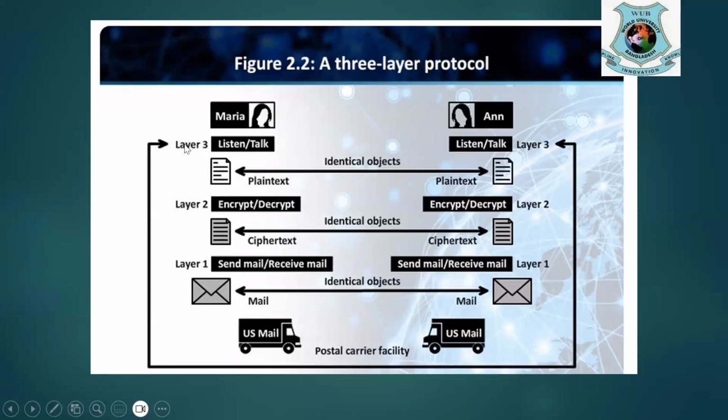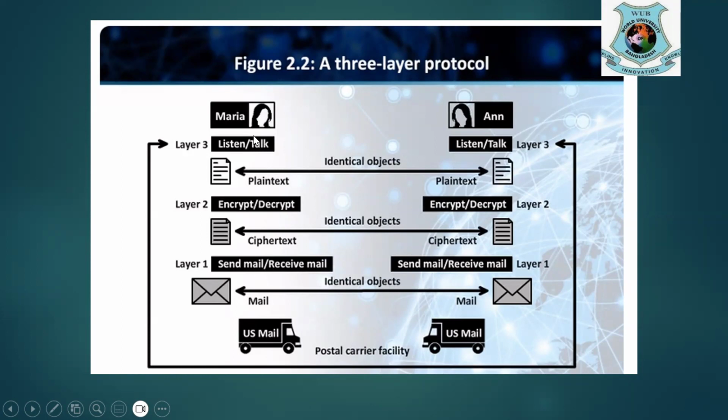So the whole process is divided into different layers. Now each layer is doing some specific function. Layer 3 is doing some specific function, and in this case layer 3 is doing just the opposite function.